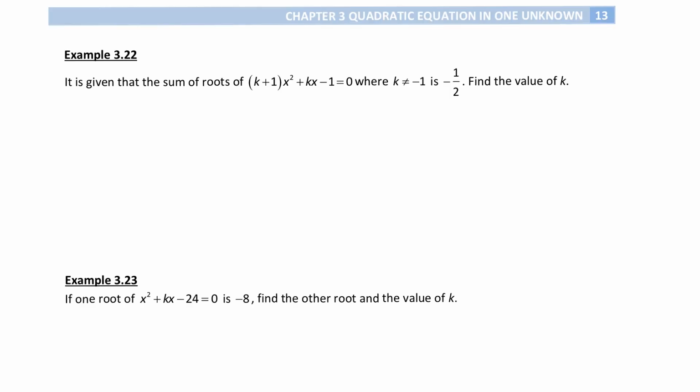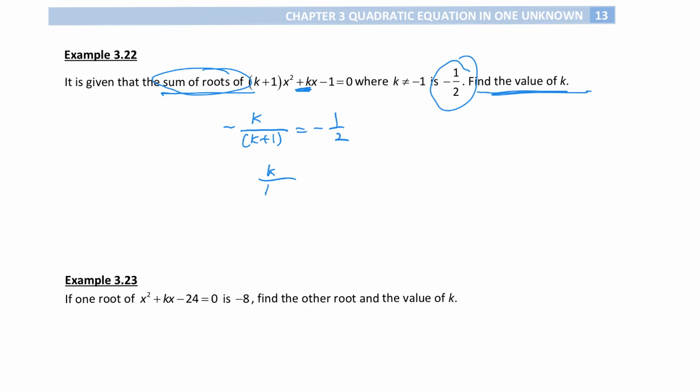Page 13. Example 3.22. It is given that the sum of the roots, that means alpha plus beta, if the roots of this quadratic equation are alpha and beta, is equal to -1/2. How do we find the value of k? I know the sum of roots is equal to negative b, where b is the coefficient of x, over a, which is equal to negative 1 over 2.